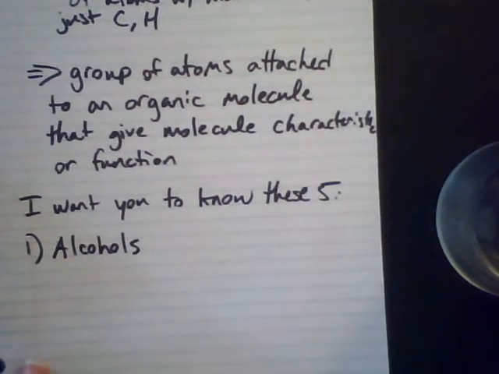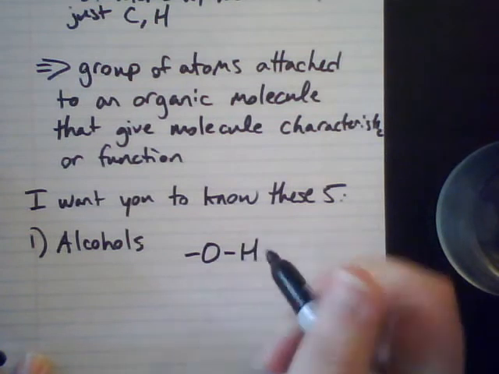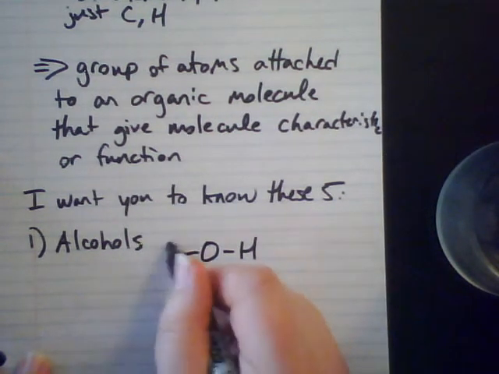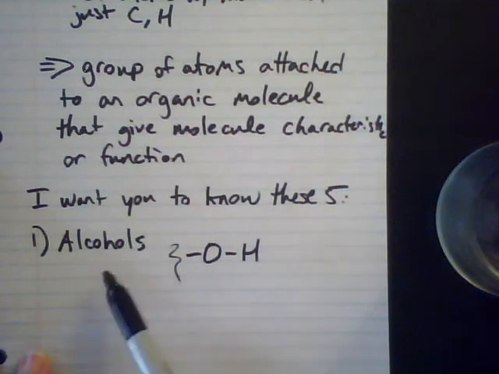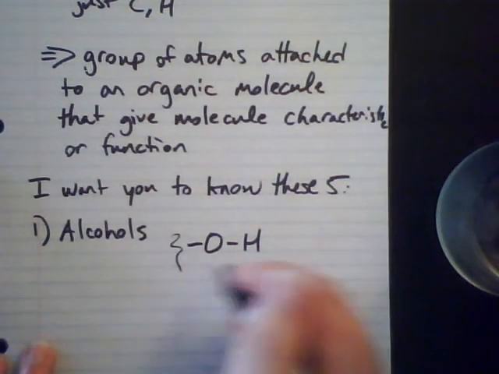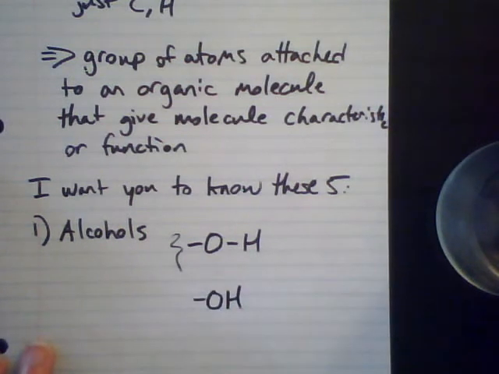Alcohols are formed when you have an oxygen and a hydrogen attached to some structure. So whatever that structure is, doesn't matter. That oxygen and hydrogen are on there. That makes it an alcohol. And sometimes you'll see this written as just an OH next to each other, like that.